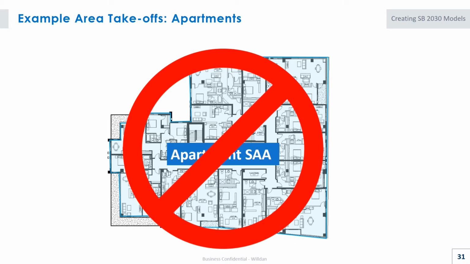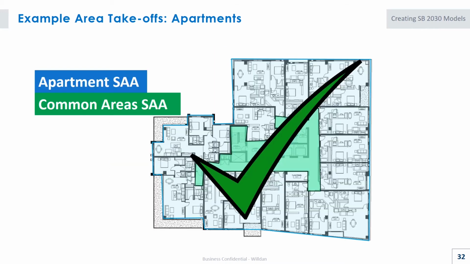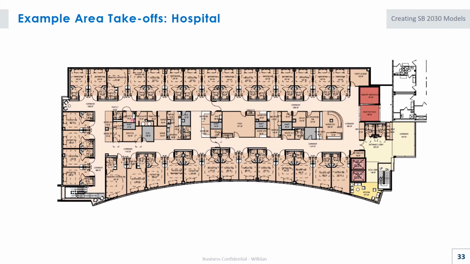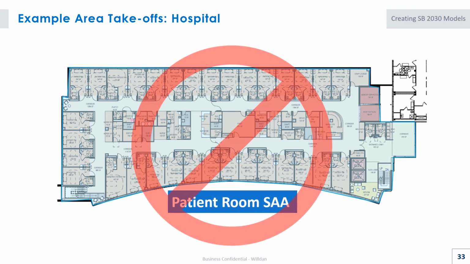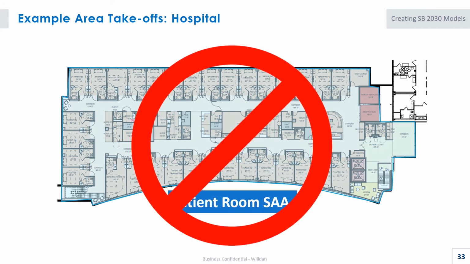So a couple of examples to show you how we think about this. If you have an apartment building, we don't have the entire floor be the apartment space asset area. We break it out between the apartments on the perimeter and the common area in the center. Similarly, for a patient tower at a hospital, we don't treat the whole floor as patient room because the interior spaces aren't getting the same amount of ventilation and plug loads.